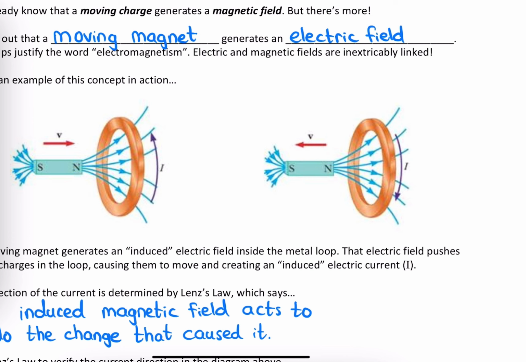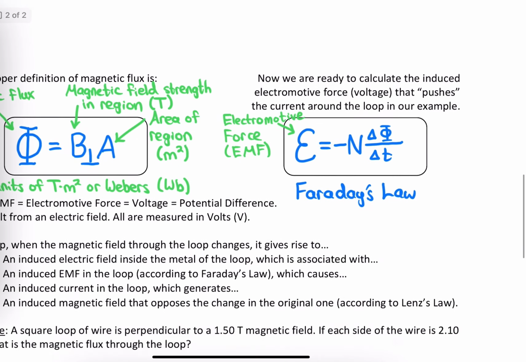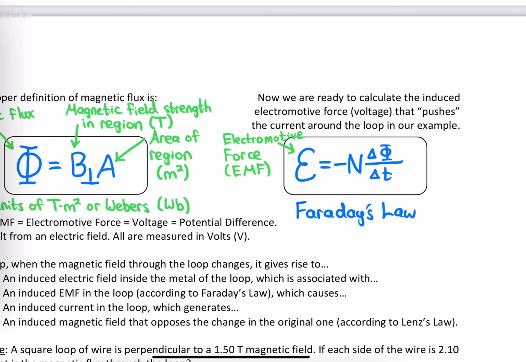So often a coil like this would have many, many loops in it to magnify the effect several times. And that's what this N represents in Faraday's law. It's the number of loops. And we've seen that before in other equations that we've done.